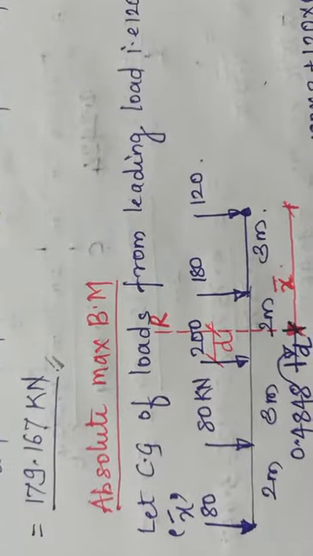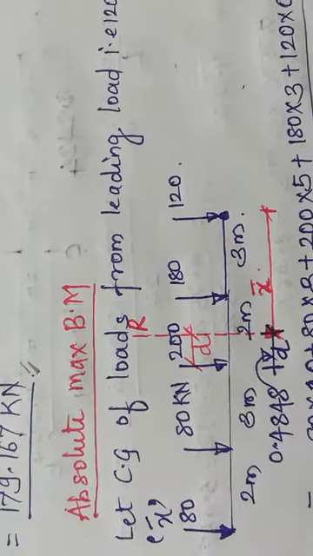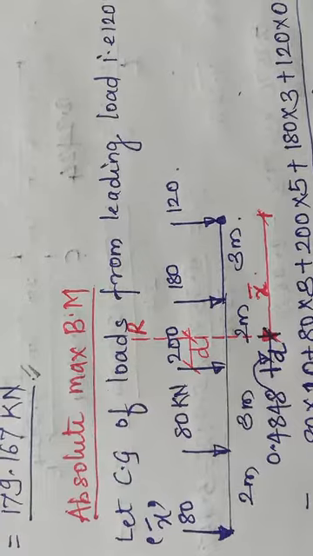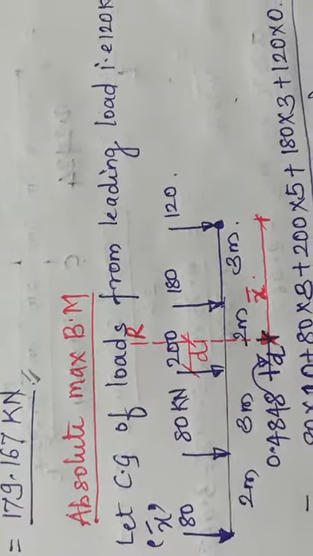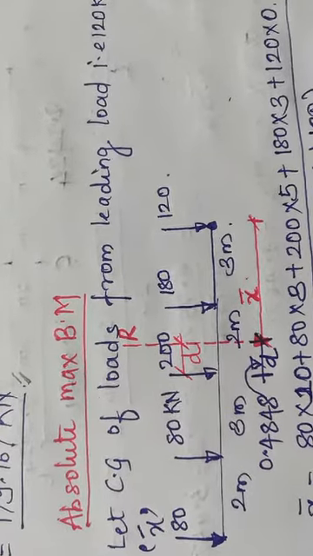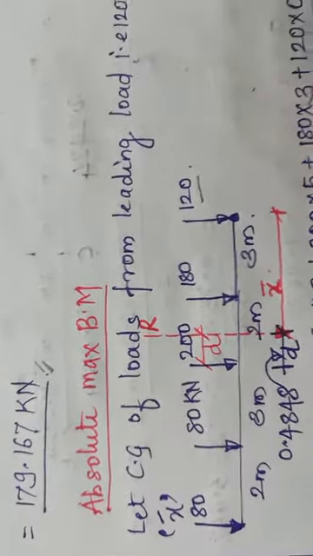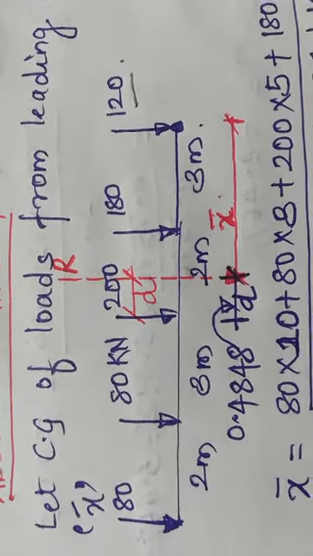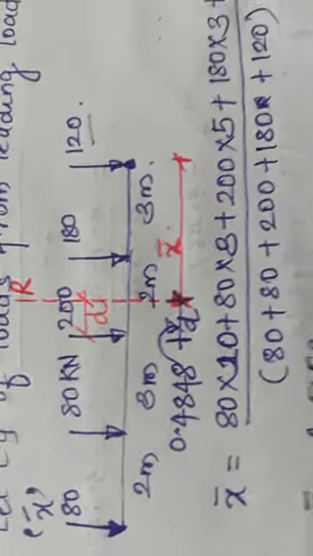Now next let us calculate the absolute maximum bending moment. The first step is calculating the CG of the loads. Calculate the CG of the loads about the leading load, that is the head of the load. It is also called the leading load. Here the leading load is 120 kilonewton, and we calculate the CG about 120 kilonewton.